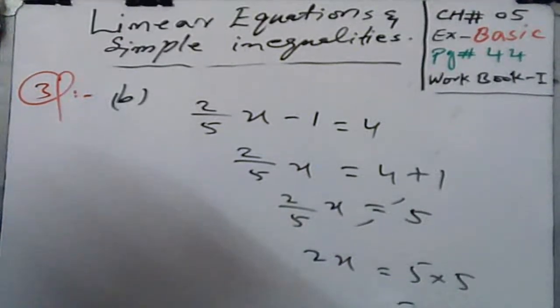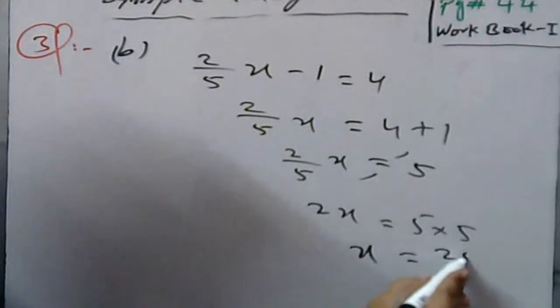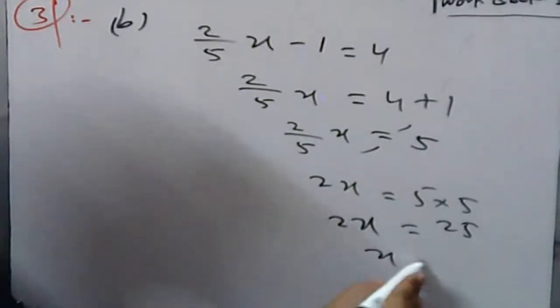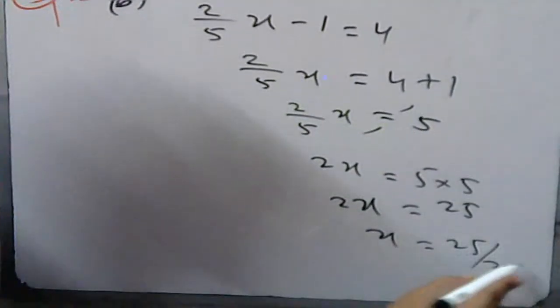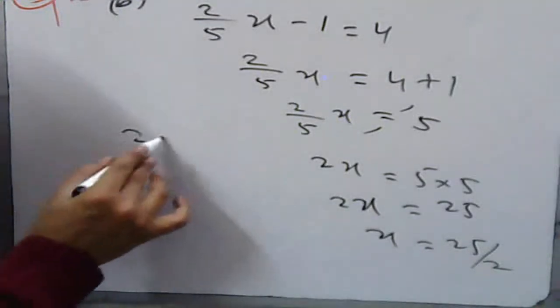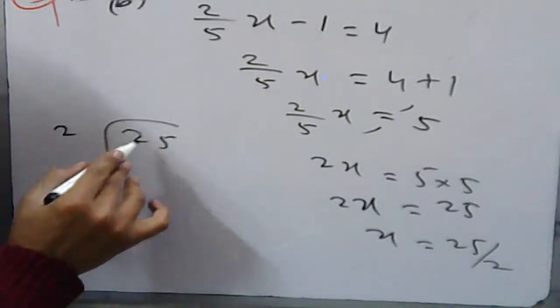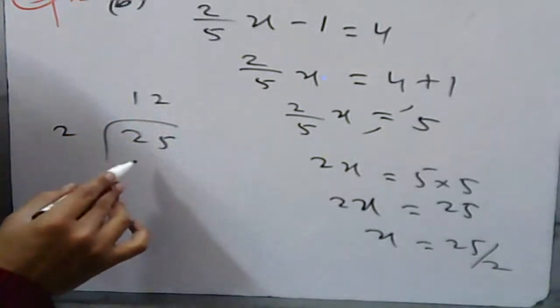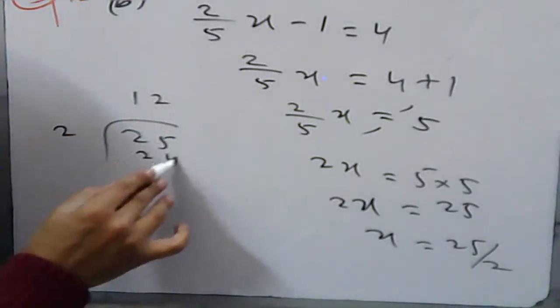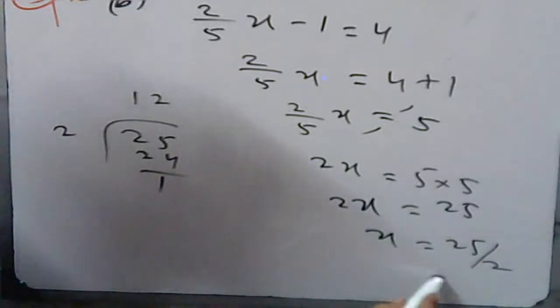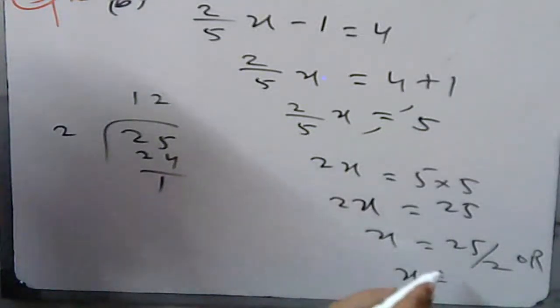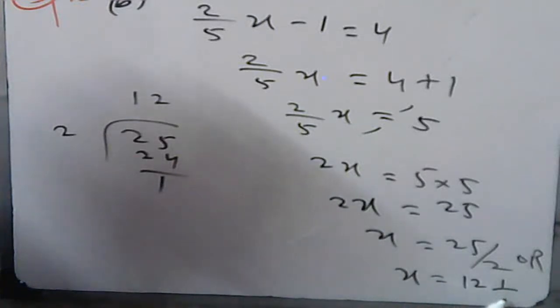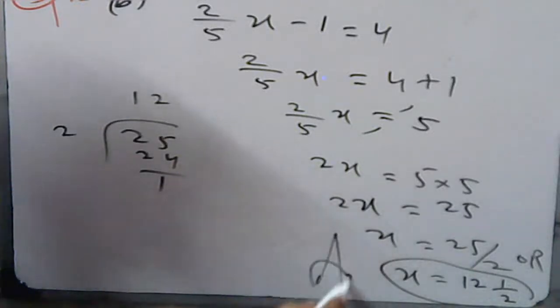So the value of x is 25 divided by 2. So that is your result, or in whole number, if you can write, 12 twos are 24, so on. So in whole number, you can say that the value of x is 12 whole 1 by 2. So that is your required result.